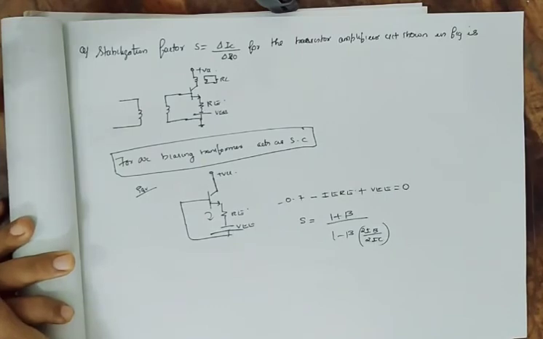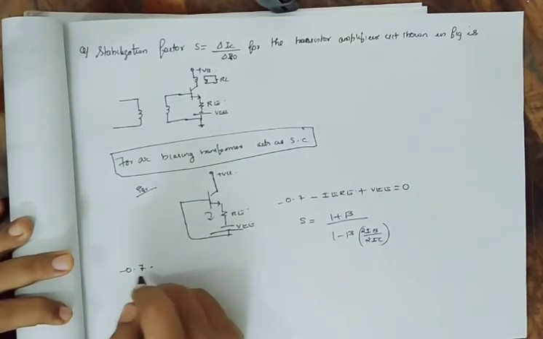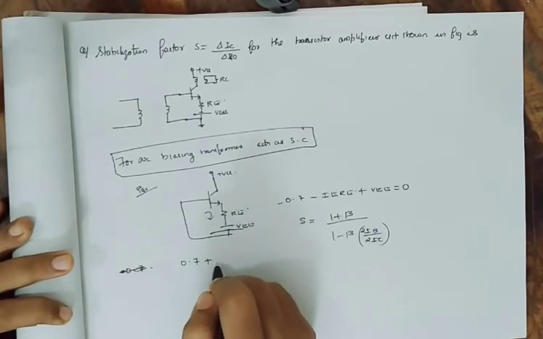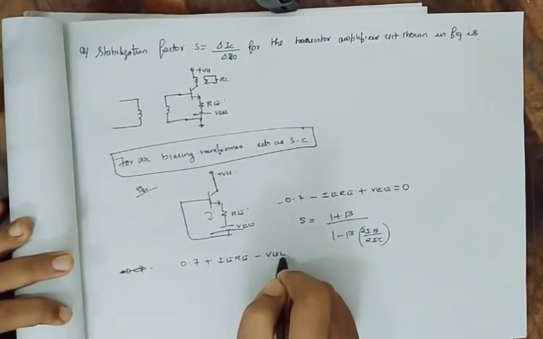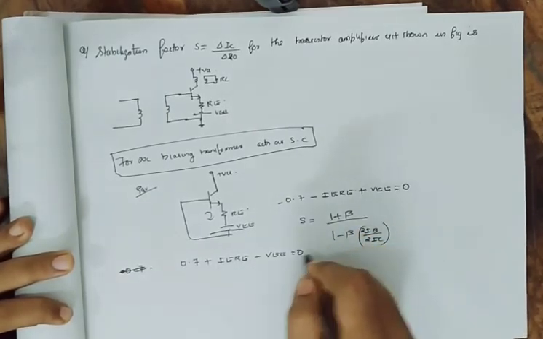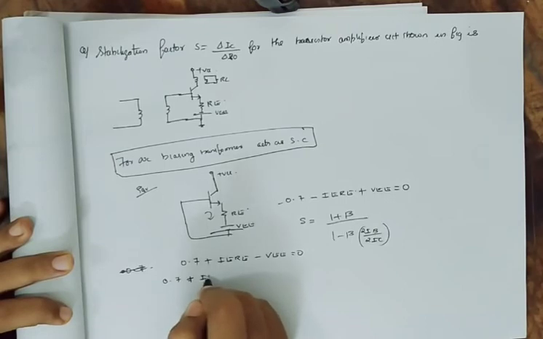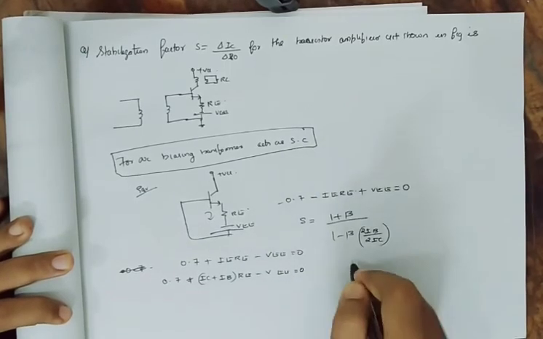Dou IB divided by dou IC. Okay. So what is IE? I'll write the equation here. We get 0.7 plus IERE minus VEE equal to 0. And what is IE? IE is equal to IC plus IB, right?